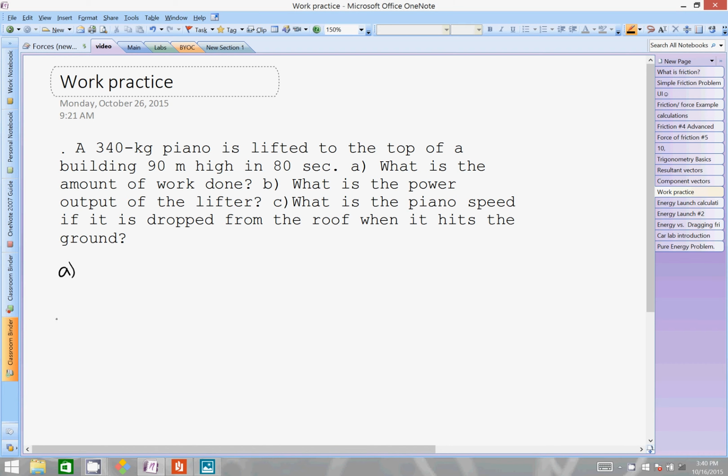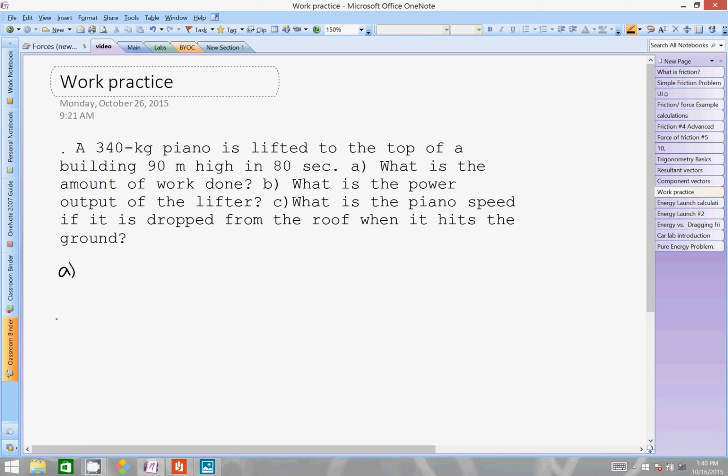We have a 300-pound piano lifted to the top of a building 90 meters high in 80 seconds. There are three problems here, and I'll tell you when I think you should pause it and try it. What is the amount of work done?